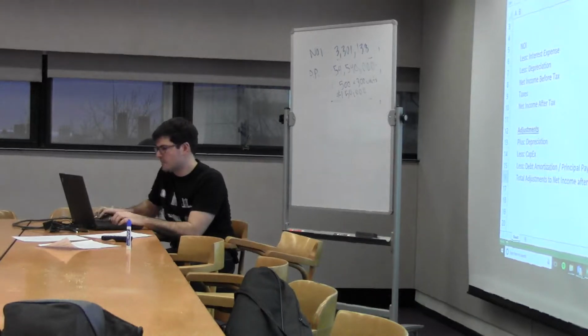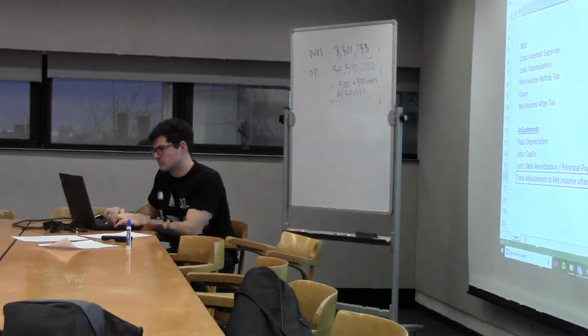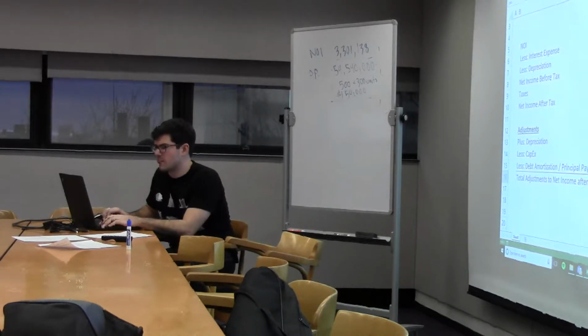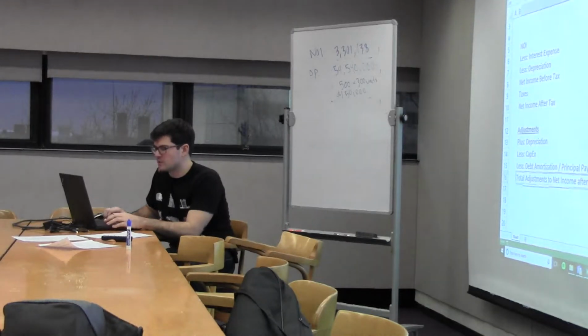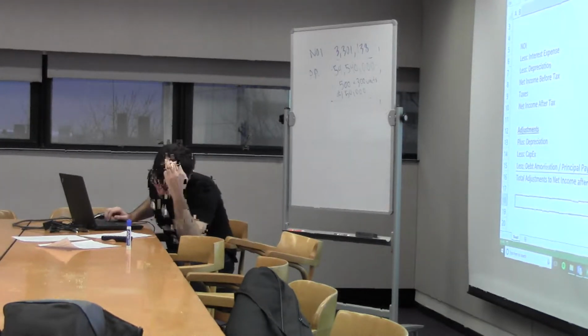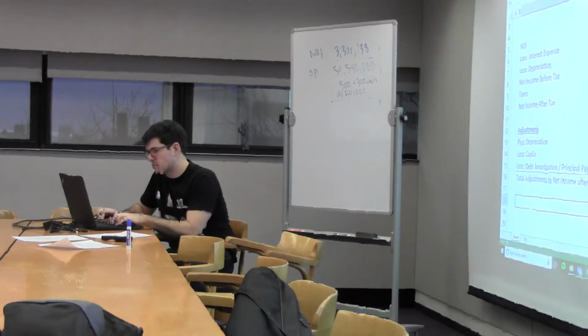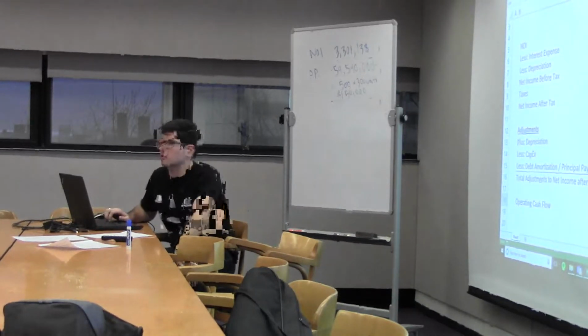We just sum these up here. So now we have total adjustments to our net income after tax of $707,000. So now that means the property generated cash flow of 501 plus 707,000 of $205,000.